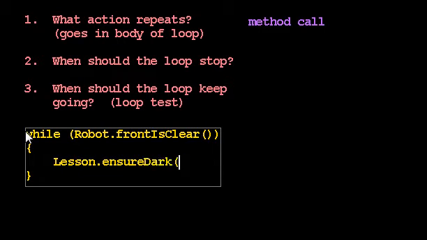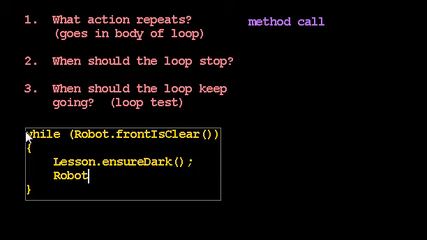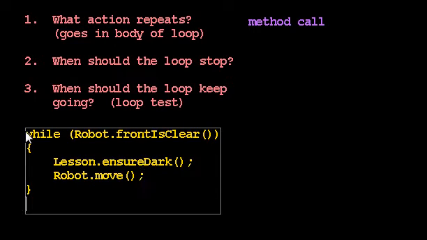We said ensure dark, and then move, and when we got to the end, I think we established the front was no longer clear, but we had one more time we needed to ensure dark. So that illustrates something that comes up often in while loops, which is that sometimes there'll be that one extra case that isn't handled inside the body of the loop that we need to have an extra bit of code that executes outside of the loop. In this case, because we have to ensure one more cell is dark than the number of times we move. And we discussed that in the last video, so I won't go into it again.